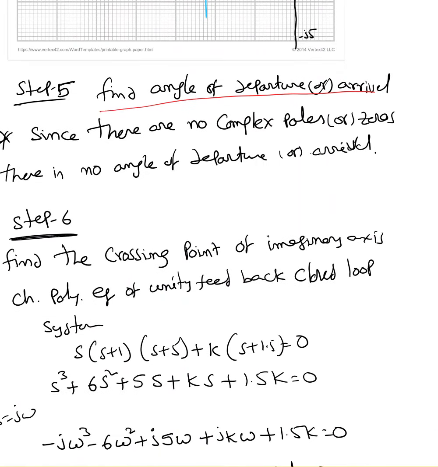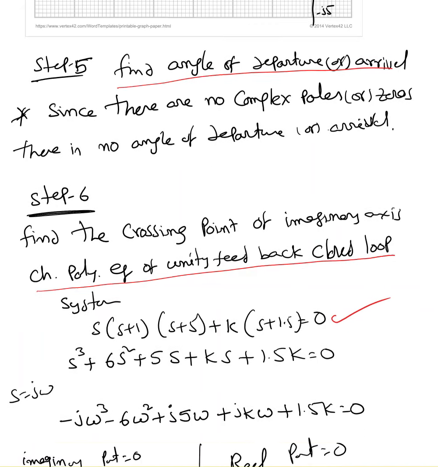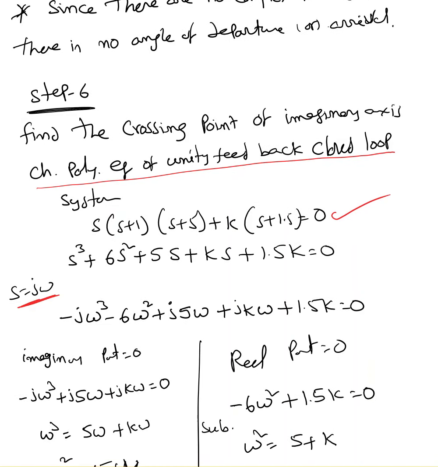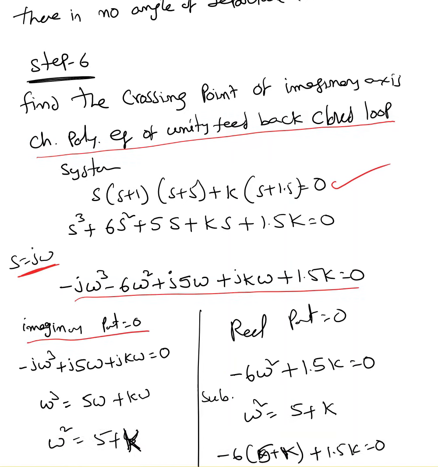Step 6, find the crossing point of the imaginary axis. Take the characteristic polynomial equation of the unity feedback closed loop system. Now substitute s equal to j omega. Put the imaginary part equal to 0.